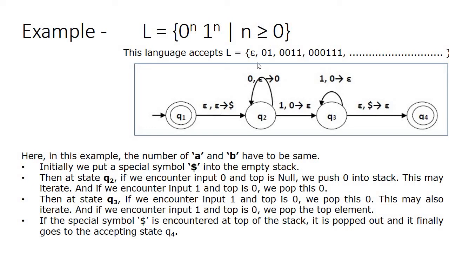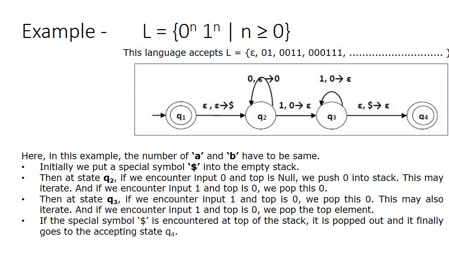Second, if we reach the state Q2, and if the input string contains 0, we are simply pushing the zeros onto the stack. So epsilon produces 0, meaning we are simply filling up this stack with zeros, because in this language the total number of zeros must be equal to the total number of ones. For example, if we have 4 zeros, all 4 zeros go into the stack.